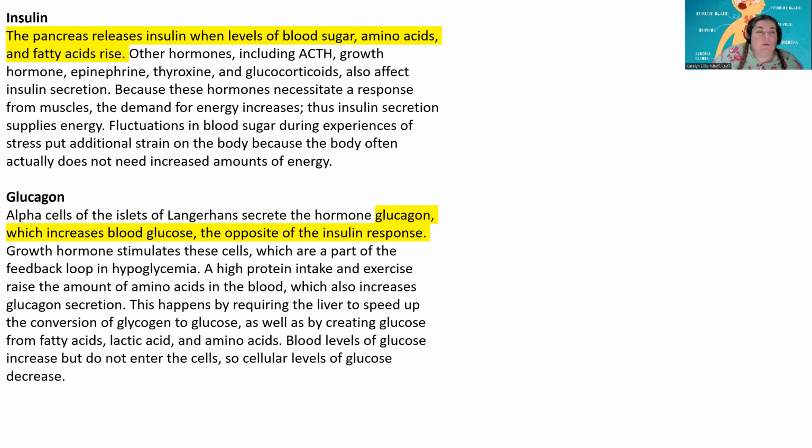It releases insulin when levels of blood sugar, amino acids, and fatty acids rise. When you release the insulin, your blood sugar levels lower. It allows the demand for energy to increase and to burn this up. Glucagon is released when the blood sugar is too low, and this increases blood glucose, which is the opposite of the insulin response.